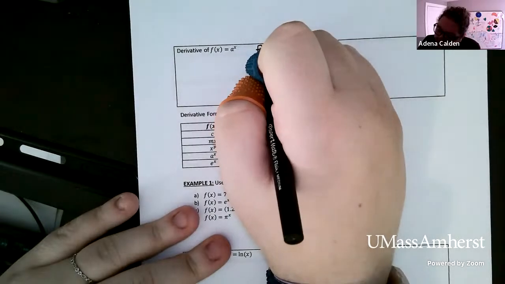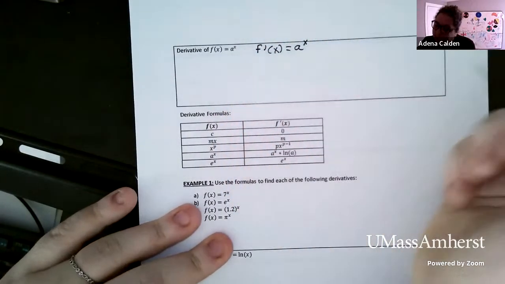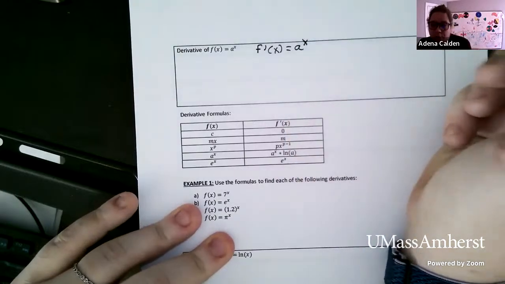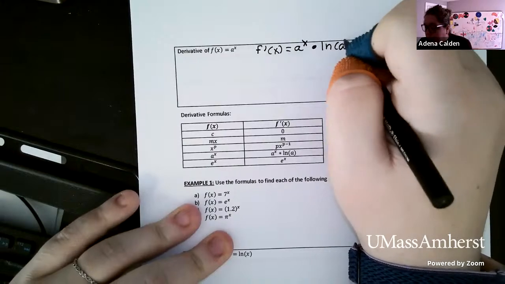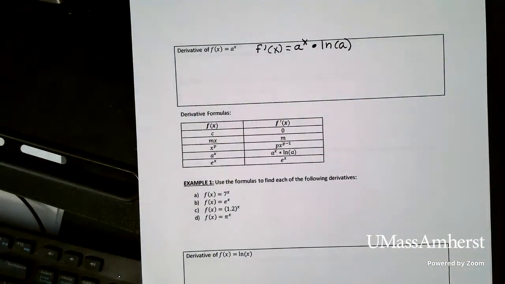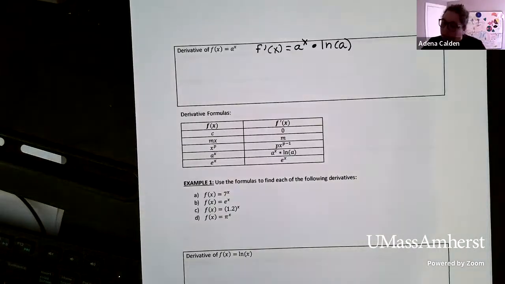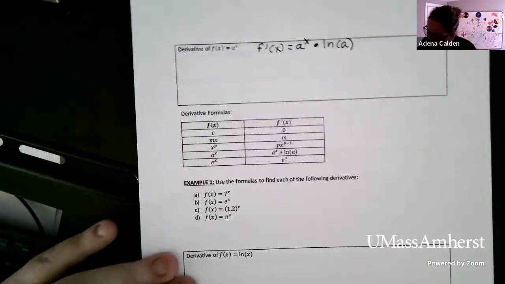It turns out that the derivative is the same thing back: a to the x, an exponential function, times the natural log of the base. So it is multiplied by a constant, but the constant is related to what the function is.